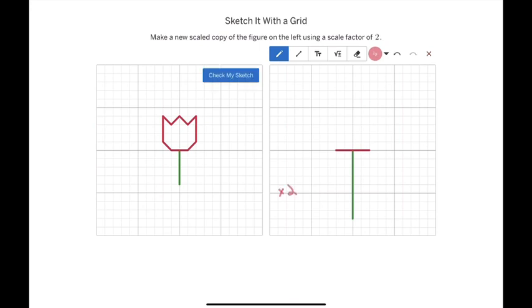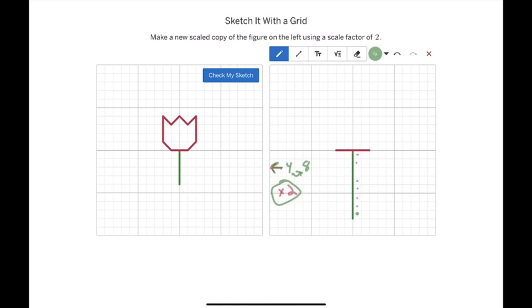Now the original stem over there, which is in green, was a length of 1, 2, 3, 4. And this one is a length of 1, 2, 3, 4, 5, 6, 7, 8. So it went from 4 to 8. So it definitely is a scale factor of 2.